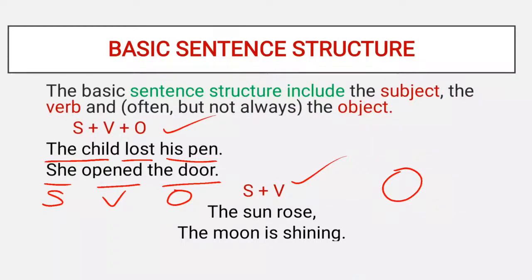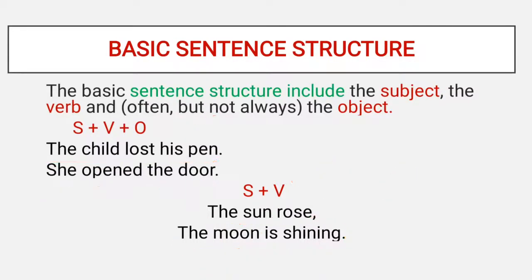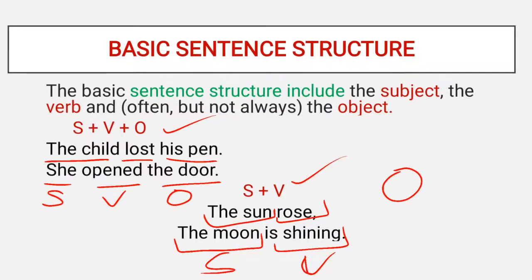the sun rose. Here the sun is our subject and rose is our verb. The moon is shining. The moon is our subject. Is shining is our verb. I hope now you have understood the importance of verb in English sentences.